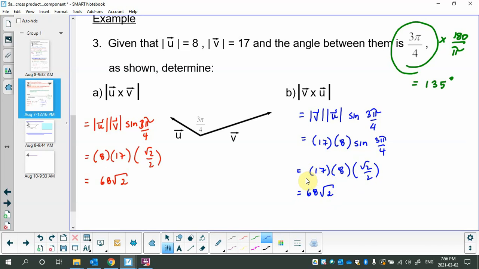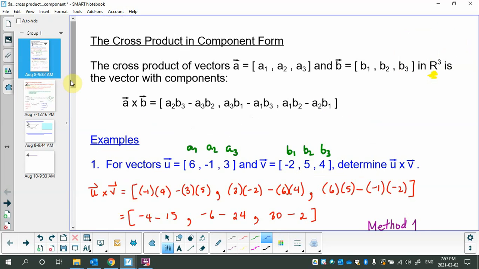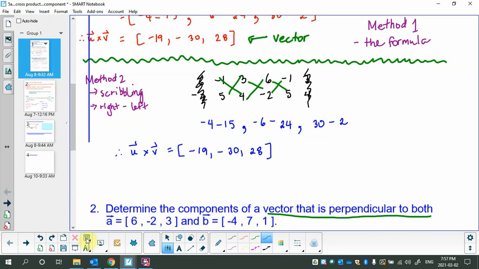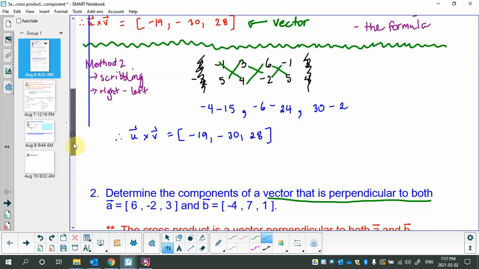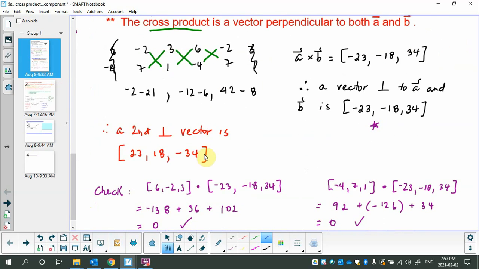And this should not be a surprise, because if I ask you for the magnitude of a vector that is perpendicular, you should get the same one, because your cross product answer would just be the same numbers but negatives.